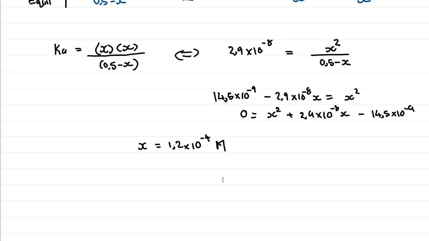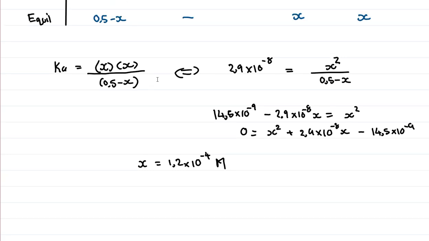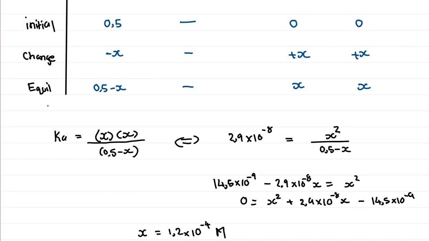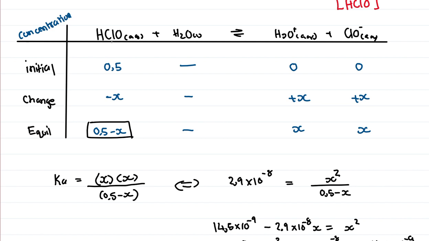So now that we have the equilibrium concentration, we have to find the percentage dissociation. To find the percentage dissociation, we're going to have to use this equilibrium concentration for hypochlorous acid.